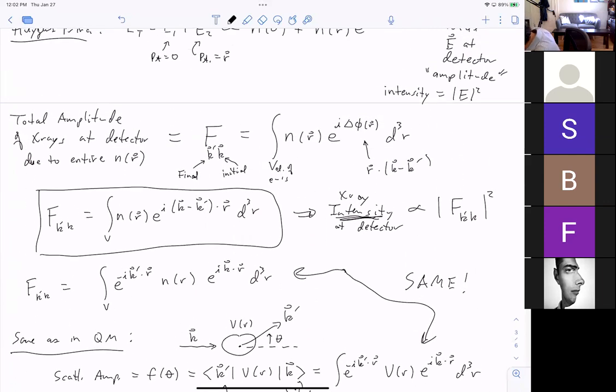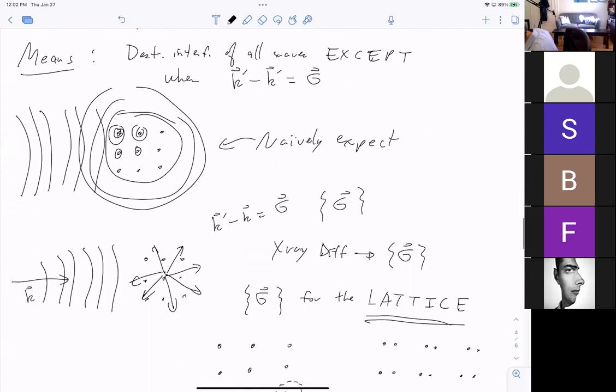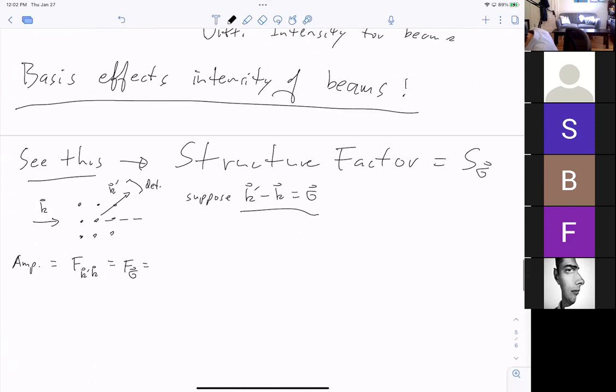So I'm going to make it equal to the integral of N of R, the electron density, times E to the minus I G dot R, because that's where I would have had K prime minus K, which is now equal to G. And now I have to integrate this over the whole crystal.